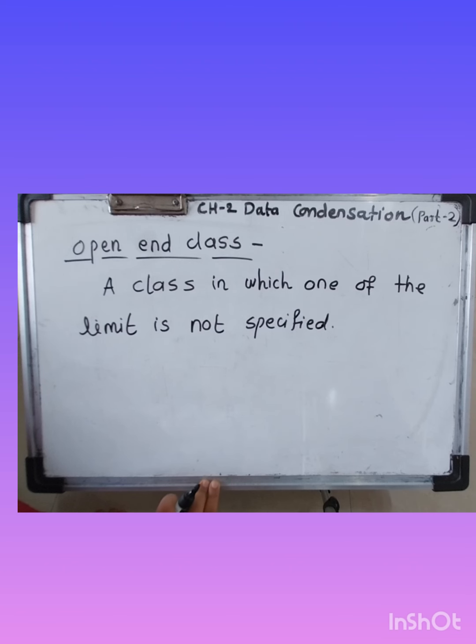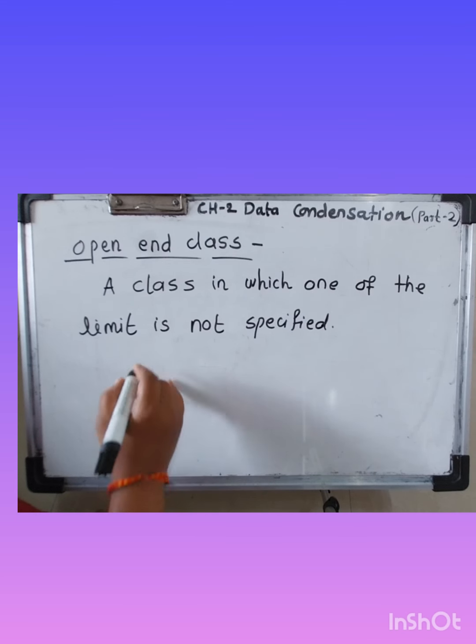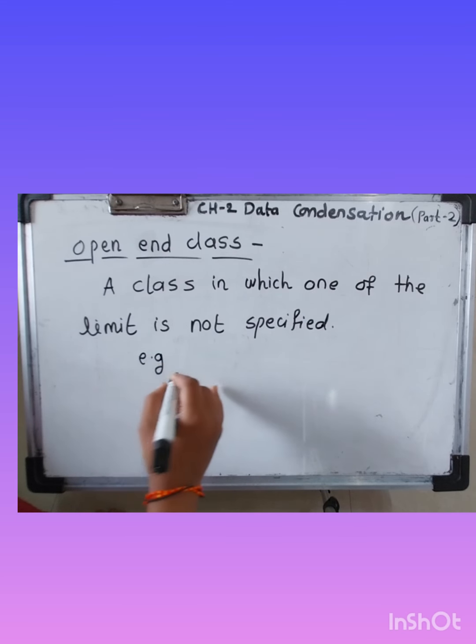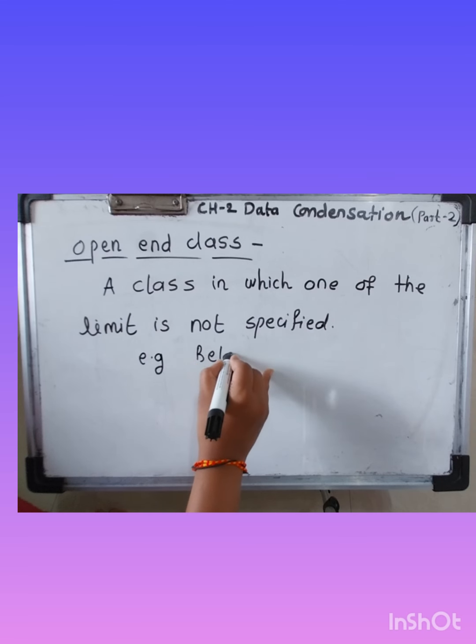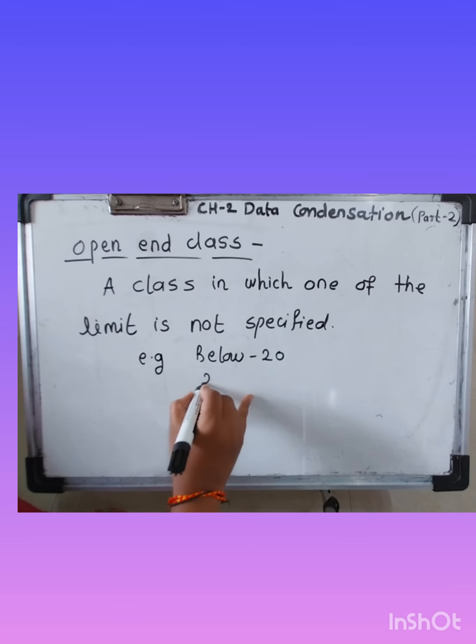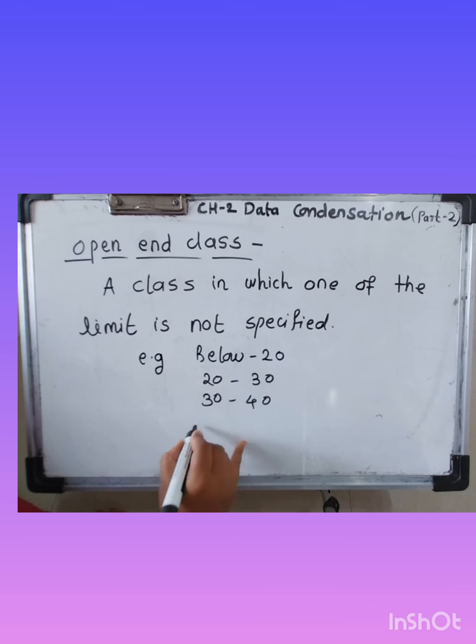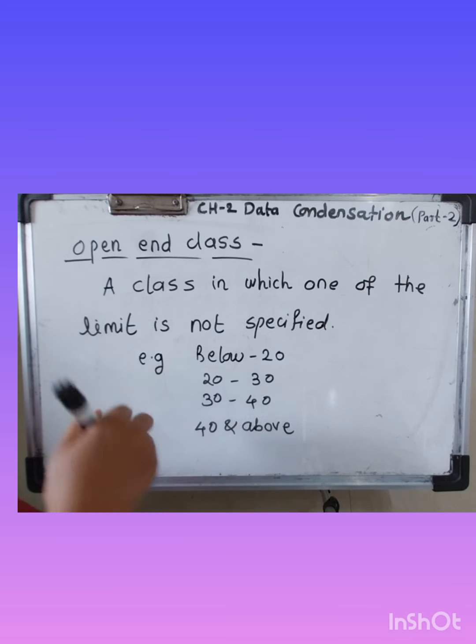Okay, so what is the open end class? A class in which one of the limits is not specified is called an open end class. For example, see here. Okay, below 20, 20 to 30, 30 to 40, 40 and above. See, in this, two limits are not specified.